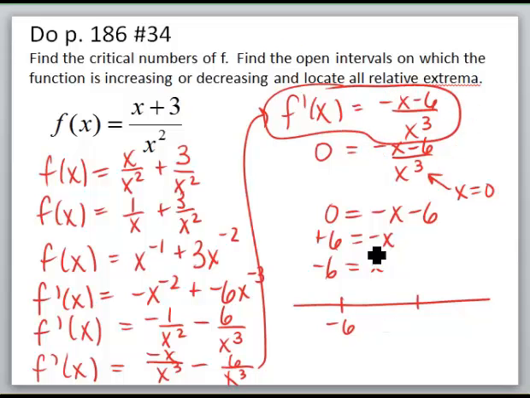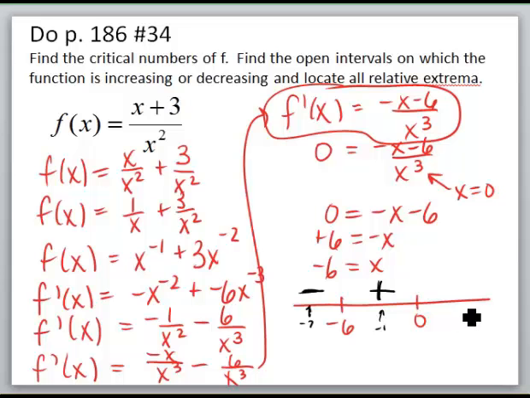So when I plug in my negative 7, because I'm going to test the negative 7 here, I will end up getting a negative value for my slope of the tangent line to the curve. When I try, maybe I'll try negative 1, I'd have a positive 1 minus 6, which is a negative 5, over a negative 1, so that ends up giving me a positive interval.